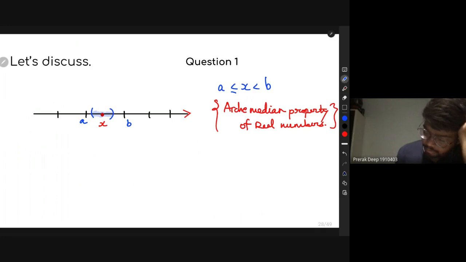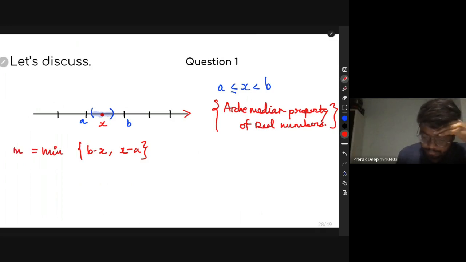So if I choose, I have these two numbers, that means b minus x and x minus a. I consider the minimum of that, call it m, and I take epsilon to be smaller than m.